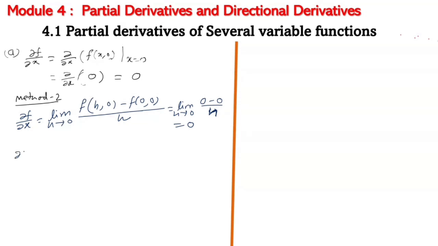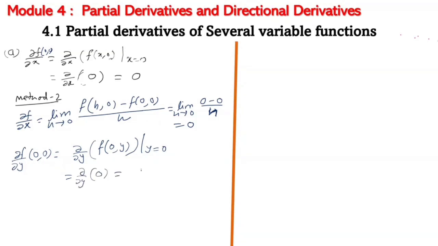In the same way, the del f del y at (0, 0) is equal to del y of f(0, y) at the point y equal to 0. But f(0, y) is 0, so therefore we will get the derivative is 0.